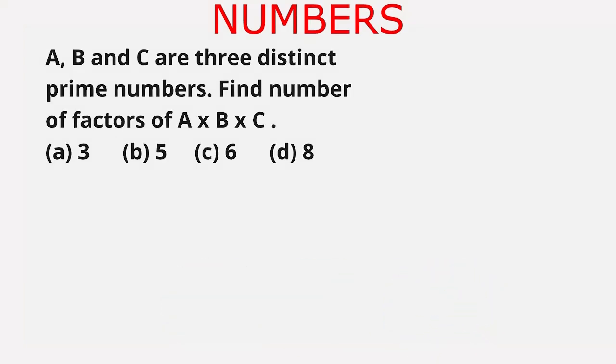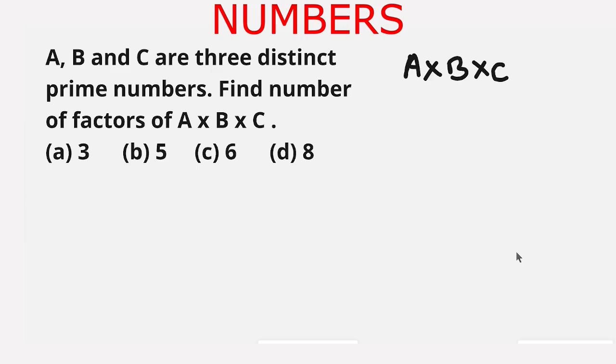As A, B and C are distinct prime numbers, A doesn't have any factor other than 1 and itself. Similarly, B has one factor which is itself other than 1, and C has only one factor which is C itself other than 1.